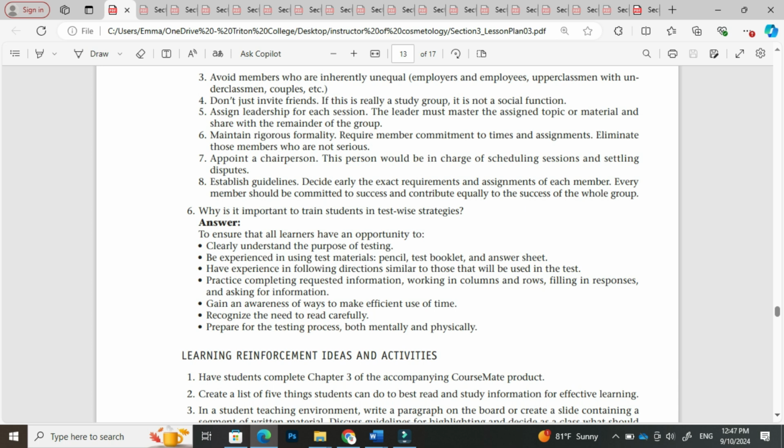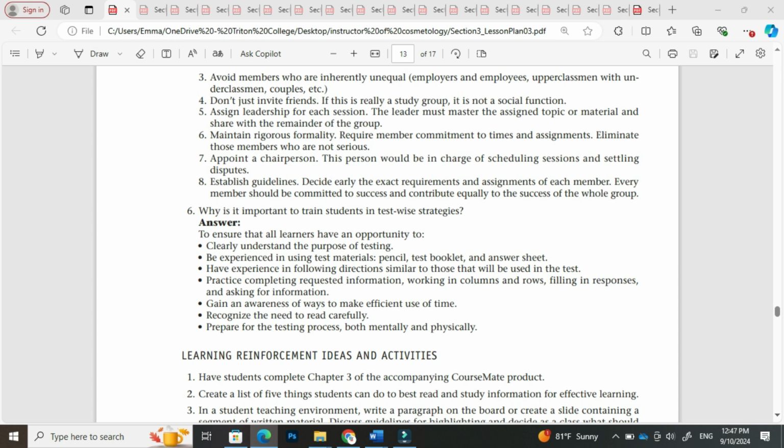Question number 6. Why is it important to train students in test-wise strategies? Answer. To ensure that all learners have an opportunity to clearly understand the purpose of testing, be experienced in using test materials: pencil, textbook, test booklet, and answer sheets.